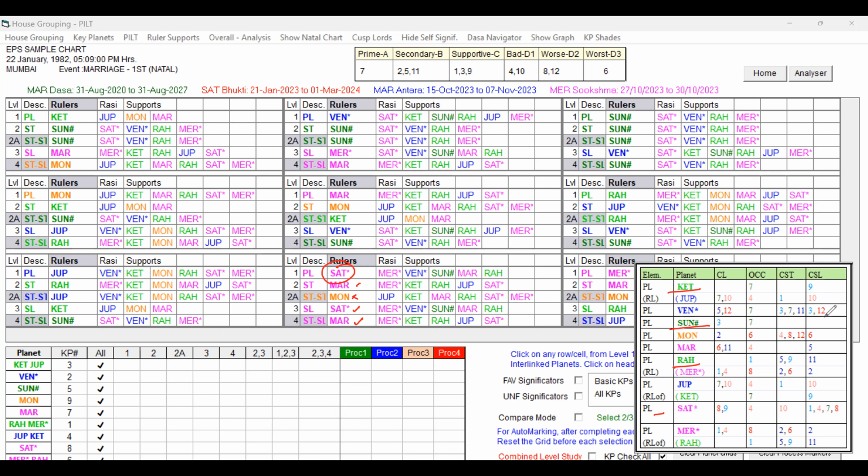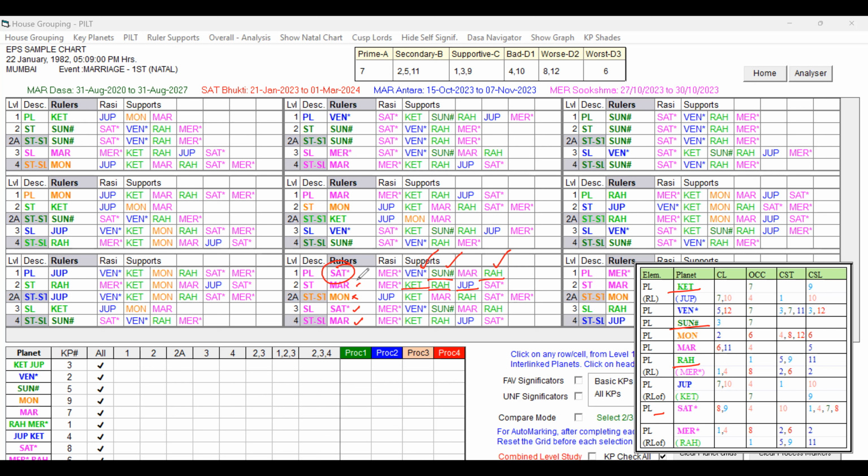Blue is also good, only with some weakness. So you can see Saturn is having Venus in supports, Sun in supports, and Rahu in supports. Strong favorable key planets Sun and Rahu are present along with Venus. Similarly, star level planet Mars is a mixed one, but Mars is having Ketu, Rahu, and Jupiter in its supports.